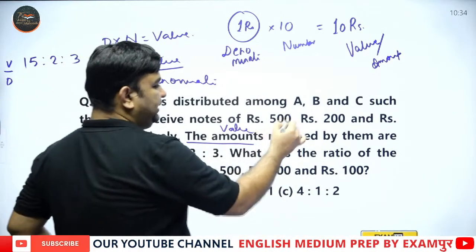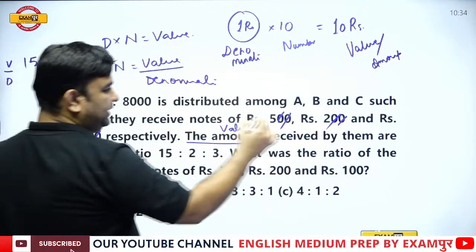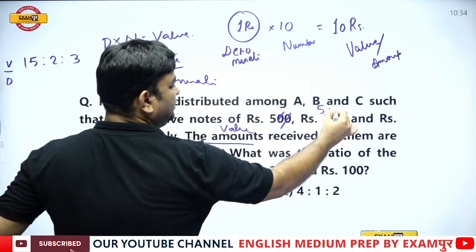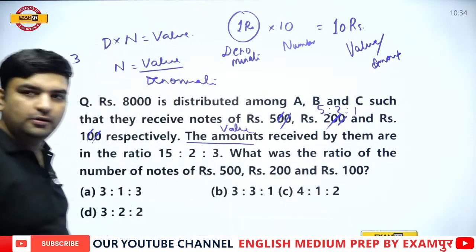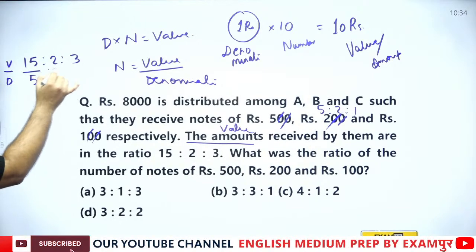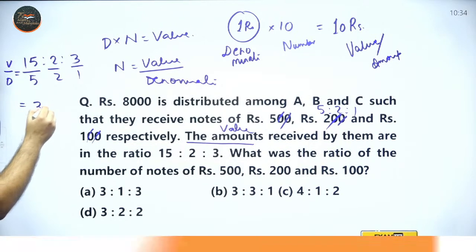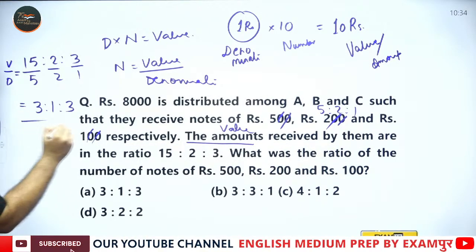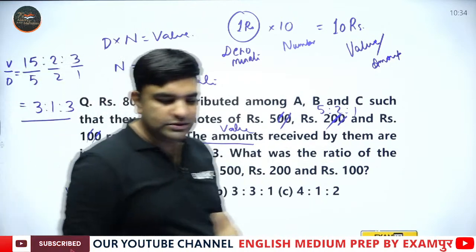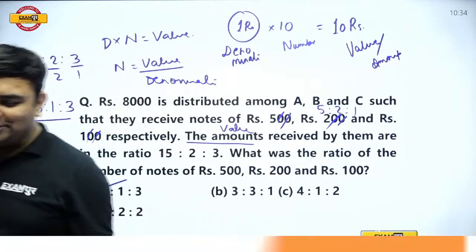So denomination is in the ratio 5:2:1. So number would come in the ratio 3:1:3. Please do watch out. Any issues, I am there.